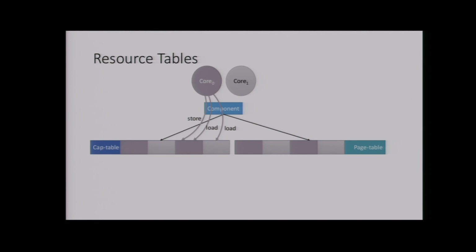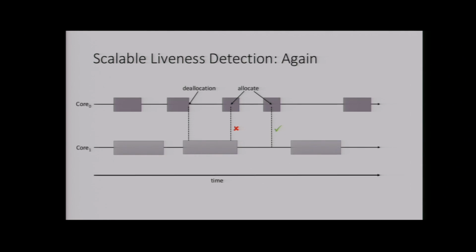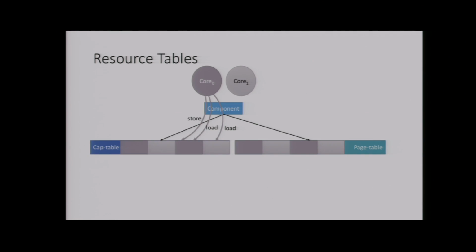Consistency, so we designed the system entirely for this idea. Consistency is brought not with locks, but just by using raw atomic instructions. So we have the same problem that we had before. We don't have locks. We have some things that are freeing and allocating these different resources in specific slots. And we can have a case where one core is accessing a resource while another core is deallocating it.